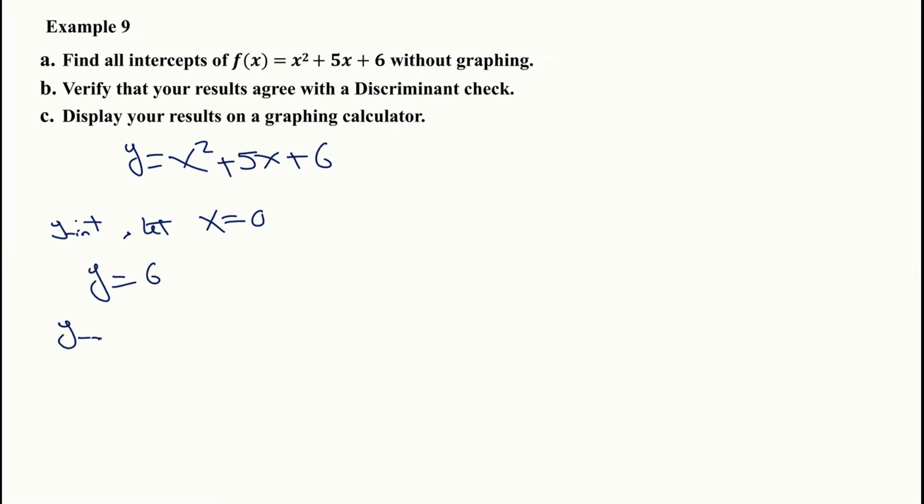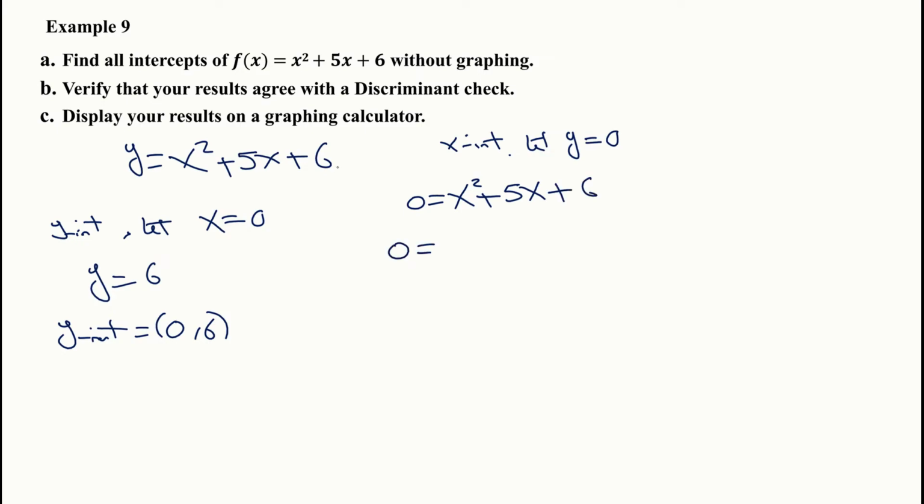So the y-intercept of this parabola is (0, 6). Now, to get the x-intercepts, we let y be 0 and solve. So we get 0 equals x squared plus 5x plus 6.